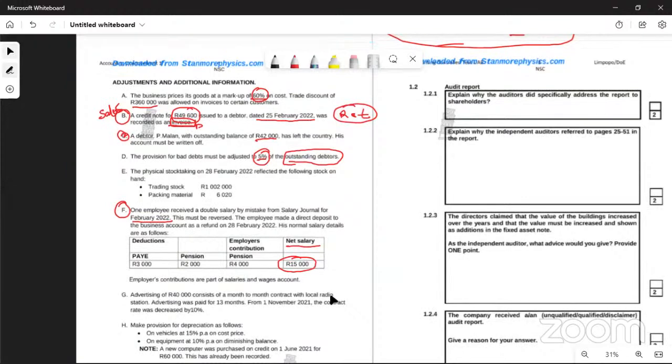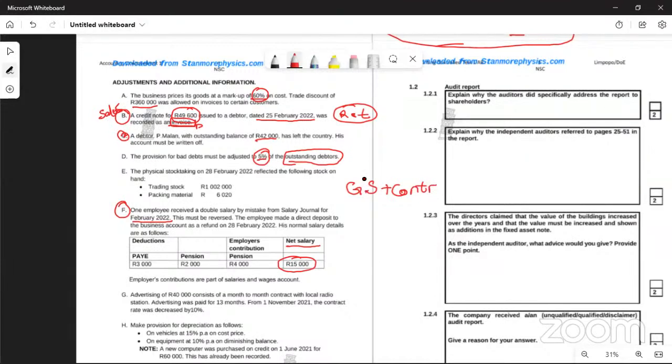They have told us they are not separated, so to calculate salaries it's gross salary plus the employer's contributions.